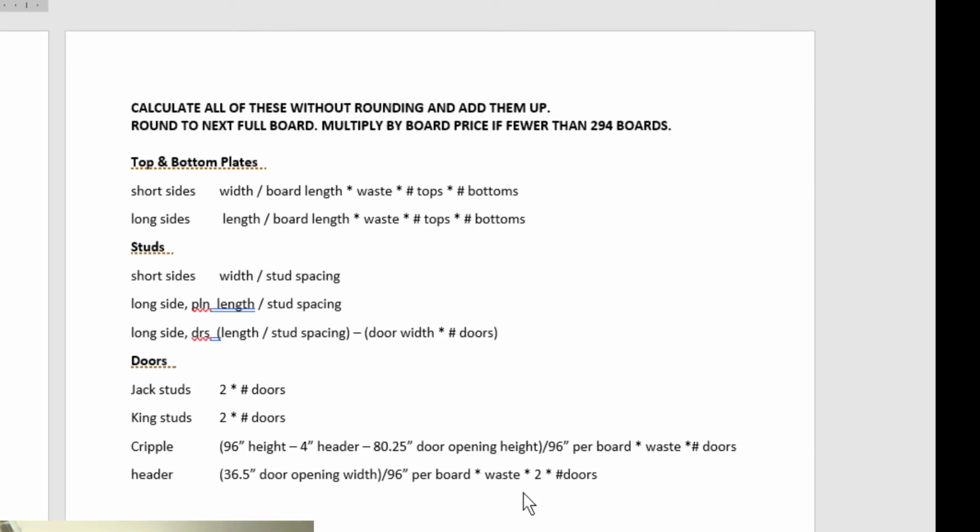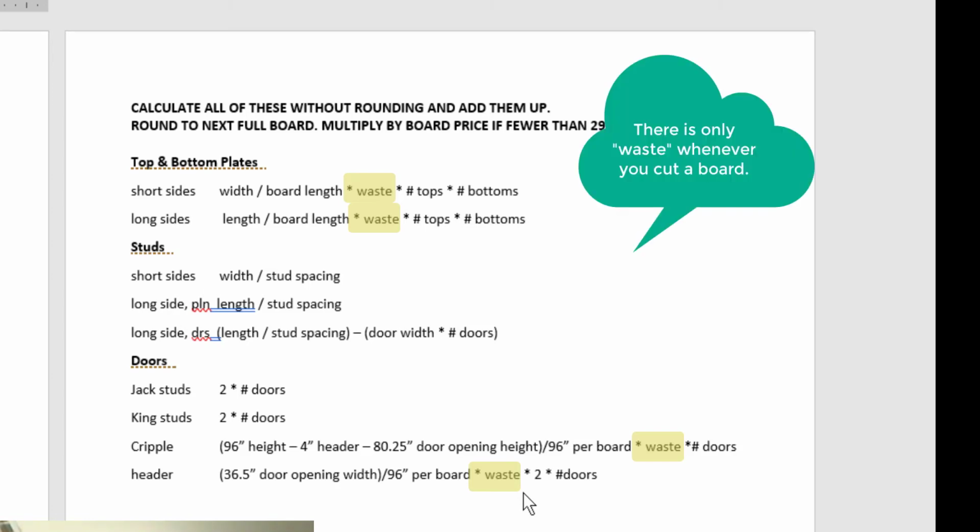The thing that you want to remember is that the waste factor should only be the top and bottom plates and the cripple. It also needs to be the header. So you can see that I'm only multiplying by the waste factor for the top and bottom plates and for the cripple and the header.